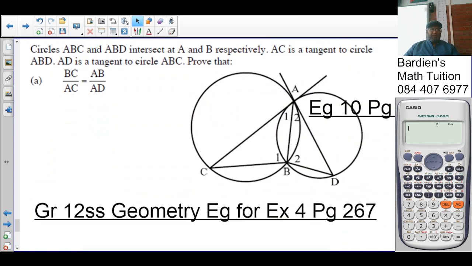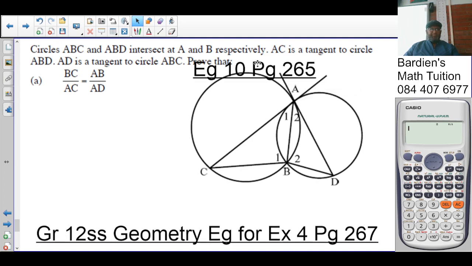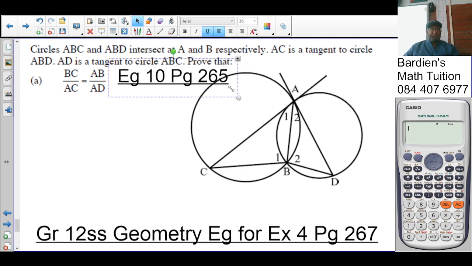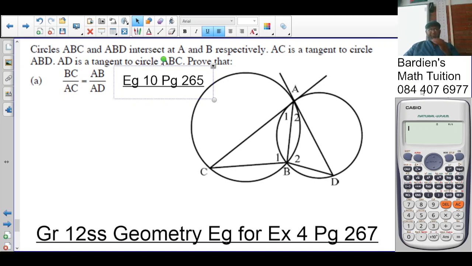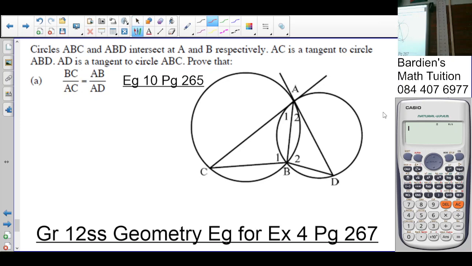We are told that circles A, B, and C, which is the circle here, and A, B, D, which is the other circle, intersect at A and B respectively.